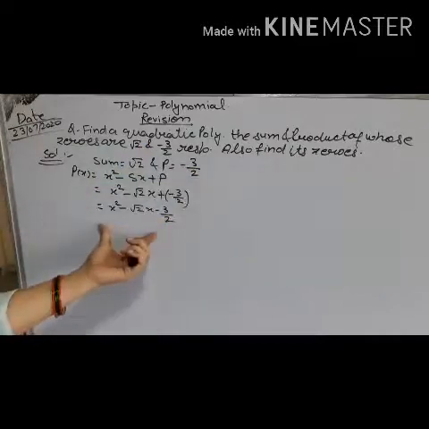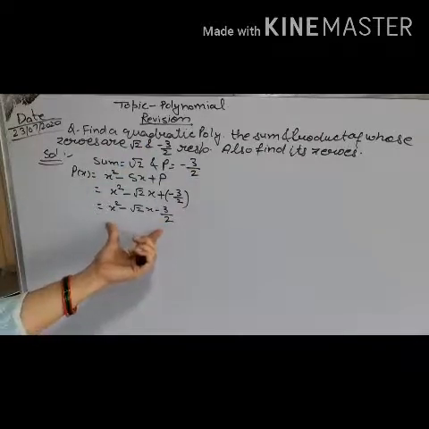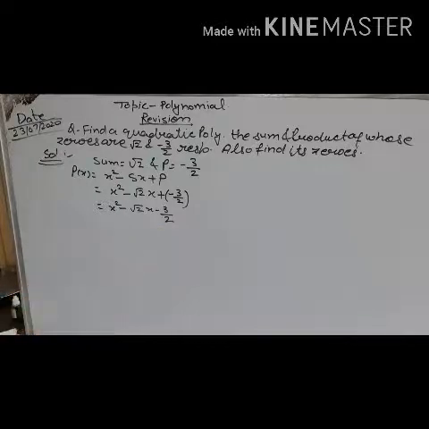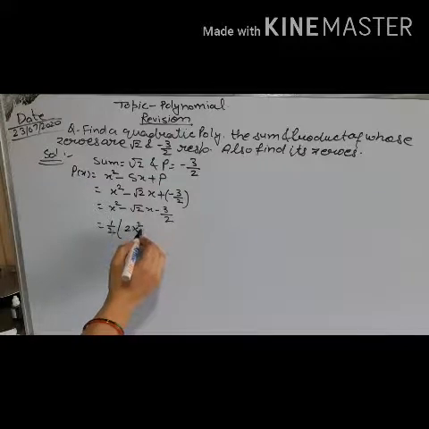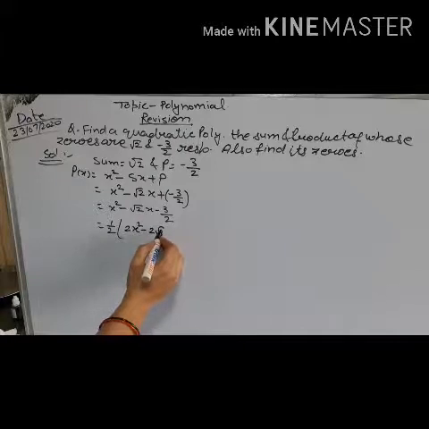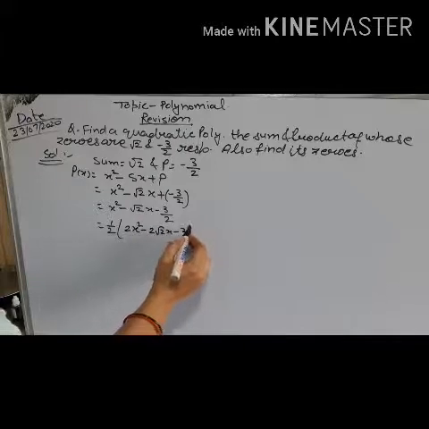Now we want to find out the zeros of this polynomial, and how will we find them? Again by the splitting the middle term method. When we take 1 by 2 common, or you can say when we take 2 as LCM, we obtain 1 by 2 times 2x square minus 2 times root 2x minus 3.